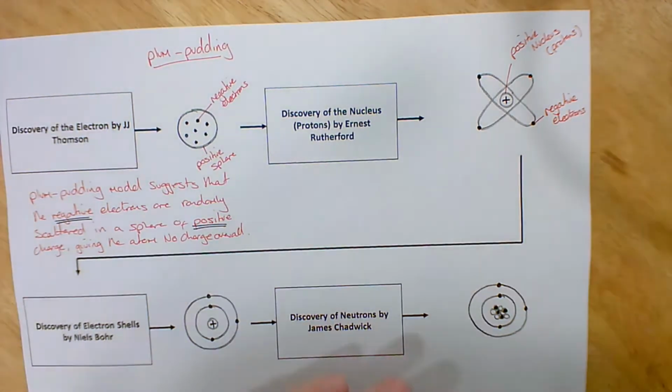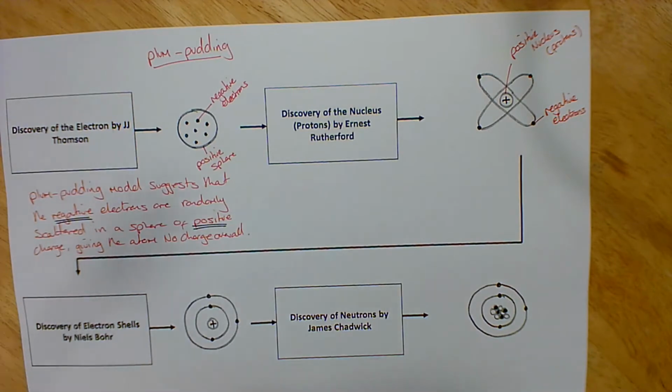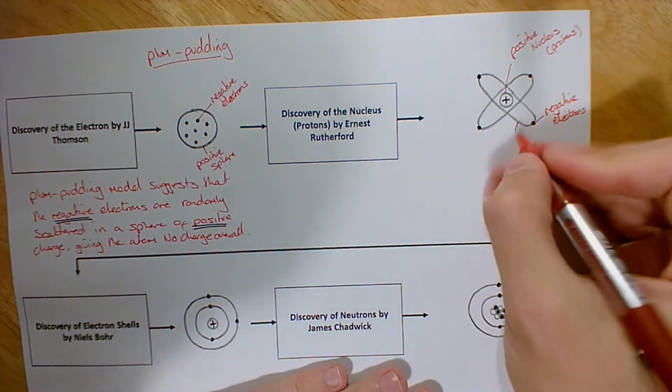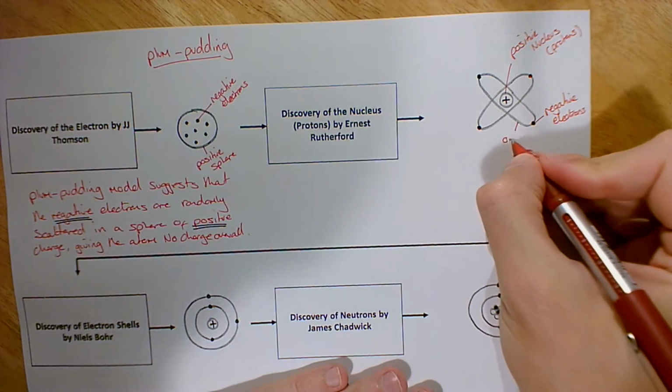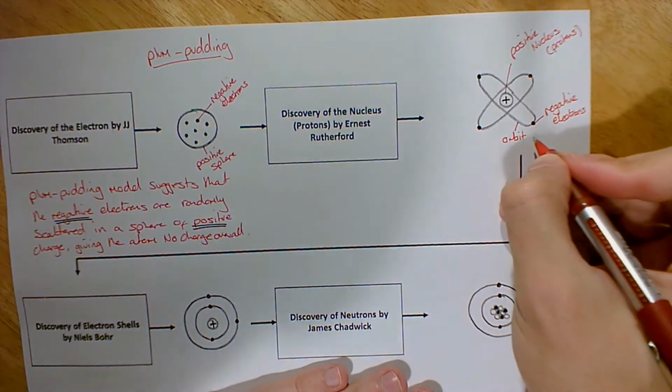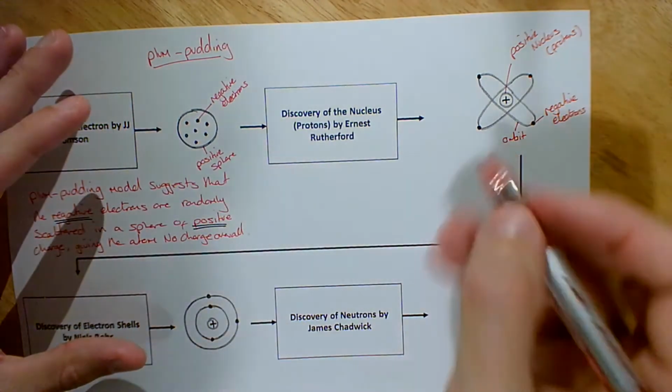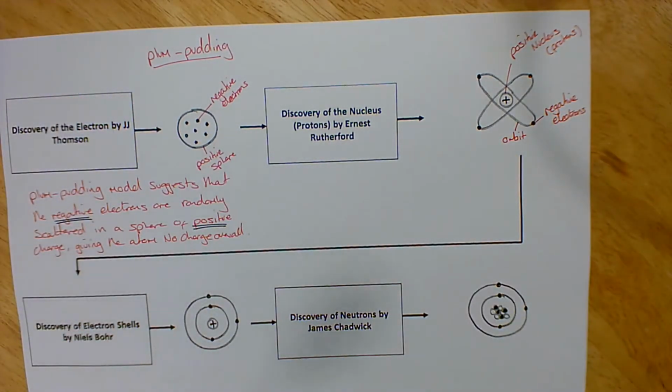Only now, instead of them being randomly scattered, they're in these orbitals. They orbit the nucleus. So the majority of the atom is empty space, which is backed up by the results from the alpha scattering experiment.